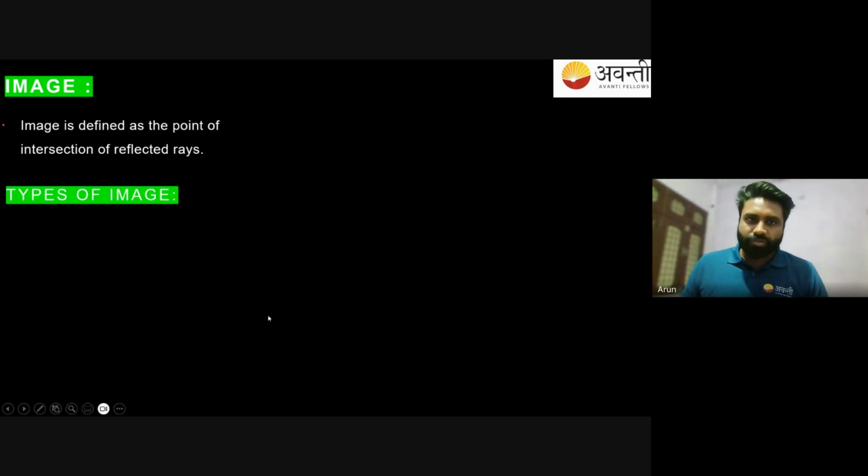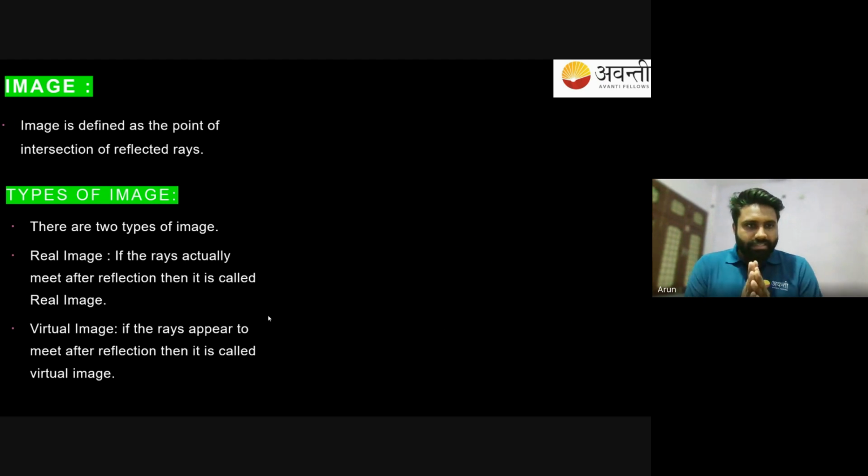Now in terms of image, what is the object? Object is the intersection of incident rays. So in opposite to that, image would be the intersection of reflected rays. So it is defined as the point of intersection of the reflected rays. There are types of image that we have. First one is the real image.